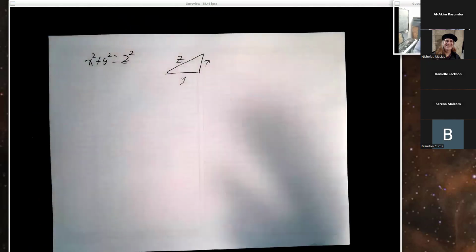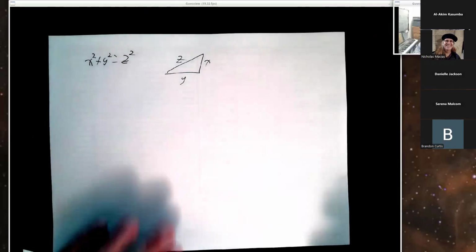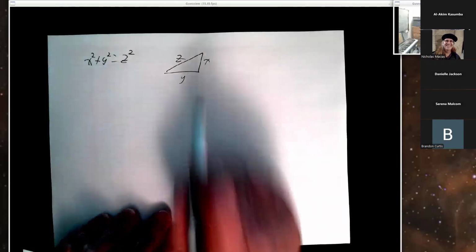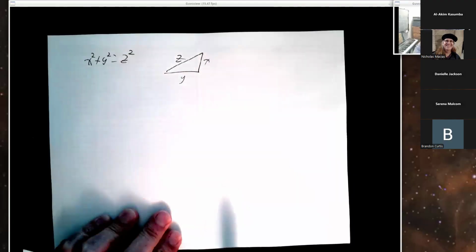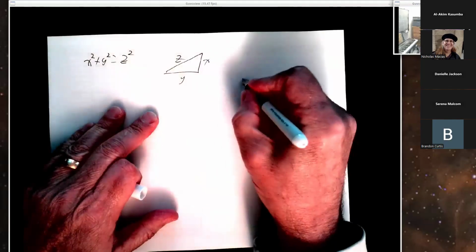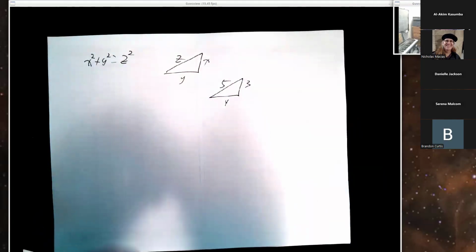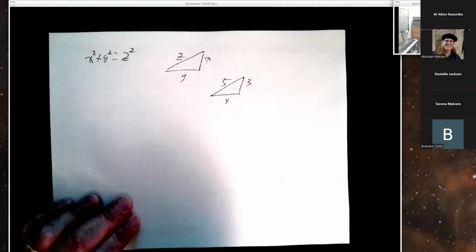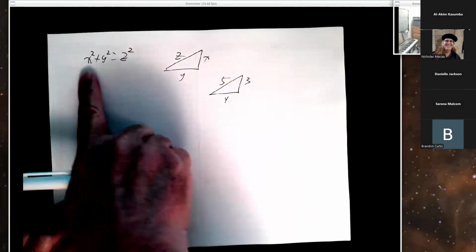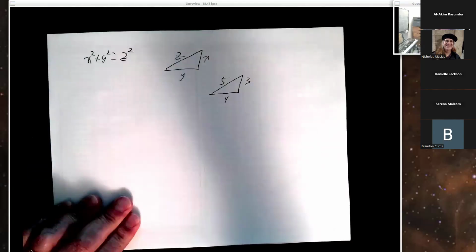And the Greeks, remember, were fascinated with whole numbers. So they were interested in knowing when you could make a triangle where all three sides were an integer number of units. For example, 3, 4, and 5. And it boils down to the question of when can I find integers that satisfy this relationship? 3 squared, 9, plus 4 squared, 16, equals 5 squared, 25.